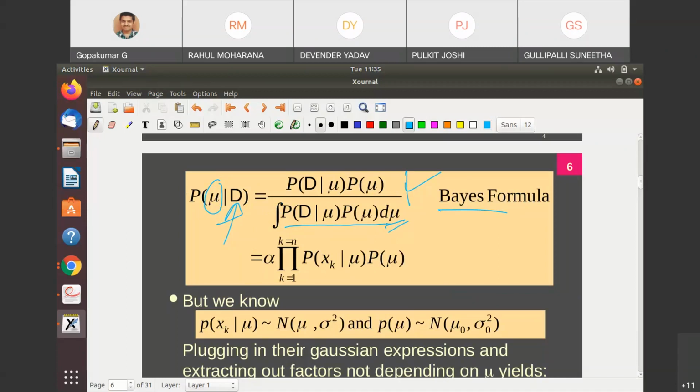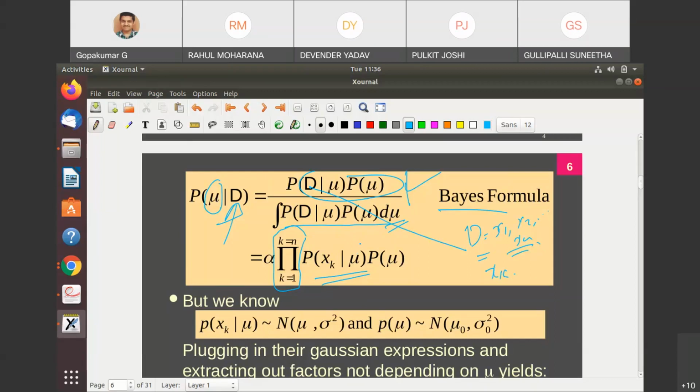Here we know that d is a set of x1, x2, up to xn, so we have discrete values, and we are not considering all possible cases. Bringing in the IID principle, we can replace this with the product of the probability of xk given mu, because d is nothing but a set of samples, where k takes values from 1 to n.